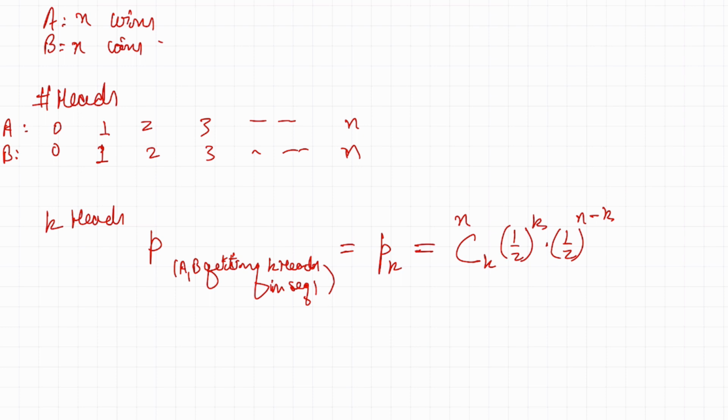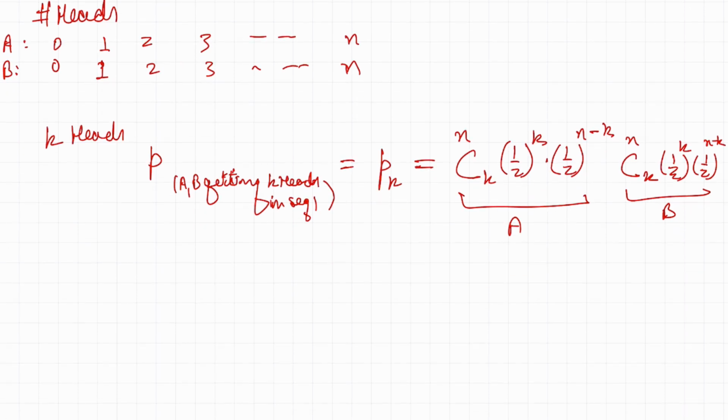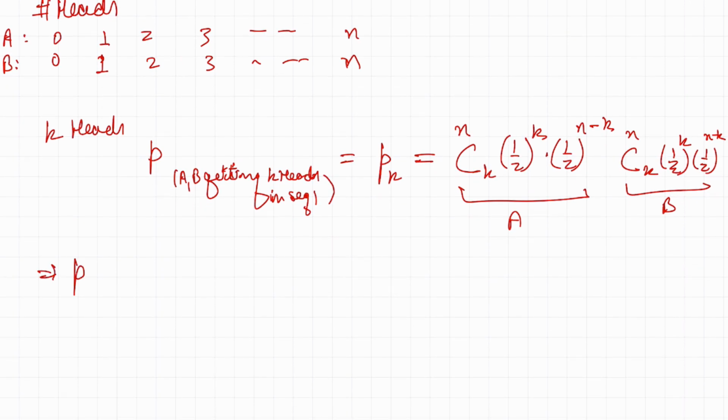But this is just for player A. We also need something for player B, and it's going to be the same thing. Out of n coins, pick any k that should come up as heads, and the remaining ones should come up as tails. This is for B. So if I have to simplify this further, this becomes nCk half to the power k plus n minus k, times nCk half to the power k plus n minus k.